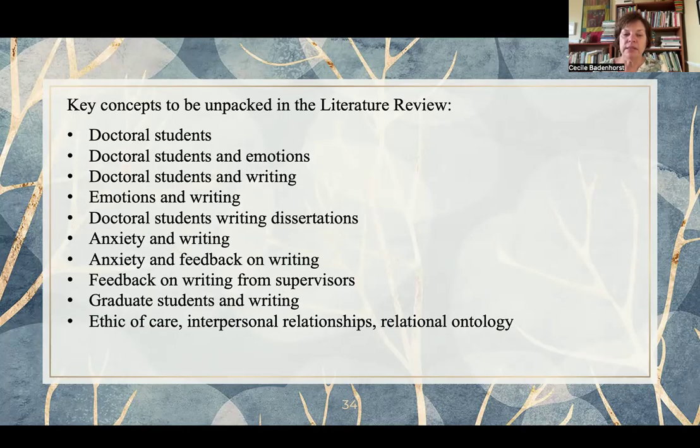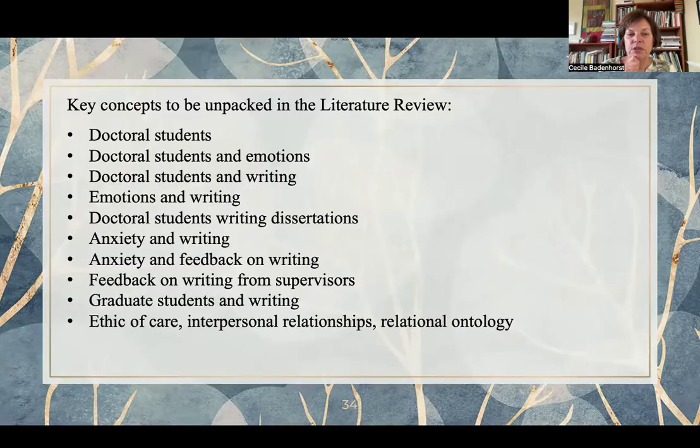And you create a list. So, for example, at the last one, ethic of care, interpersonal relationships, relational ontology, do I need all three? Or can I write it in a way that will explain it really easily without getting lost in a whole bunch of concepts? So once you've got that, this is just extracting from the problem purpose statement.